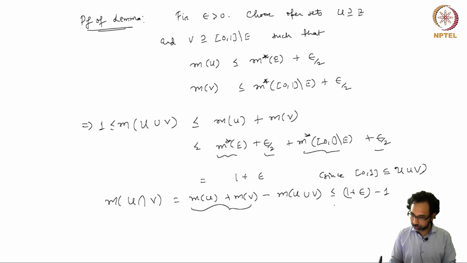So this is less than or equal to epsilon. So the intersection has upper bound epsilon.